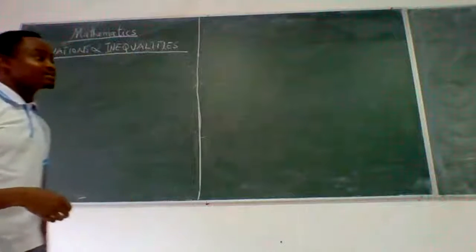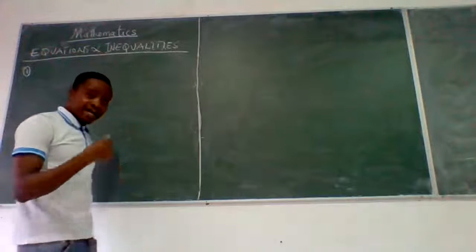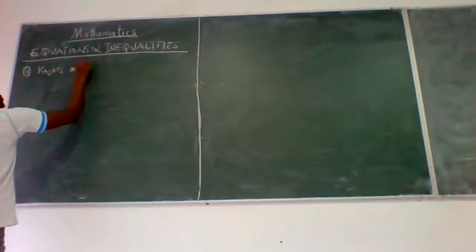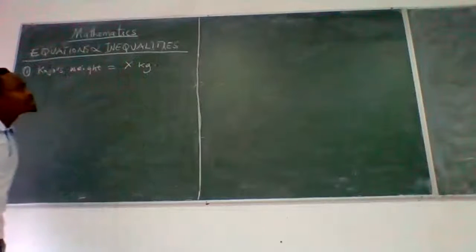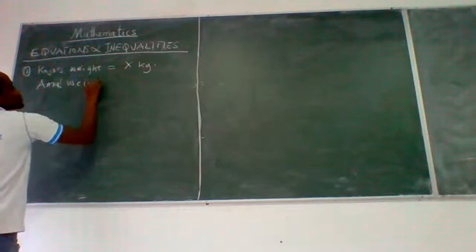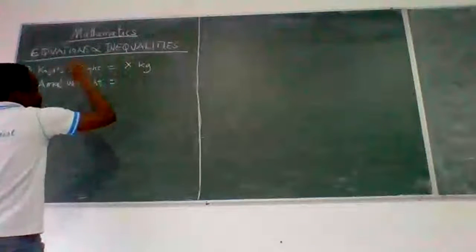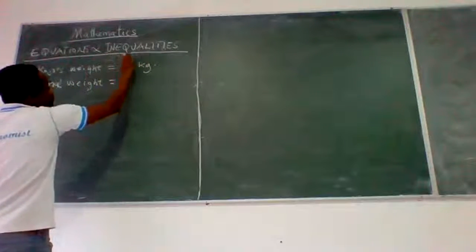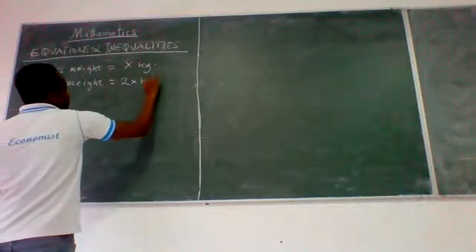Kwedo's weight we don't know, so let's say x kg. And Amma's weight is twice Kwedo's weight, so Amma's weight is 2x kg.